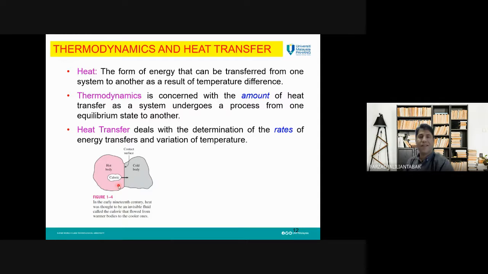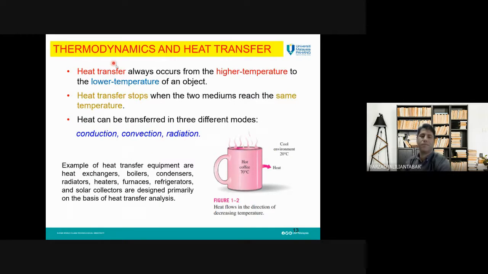So because of that, we have another unit for heat or thermal energy, which is calorie. Because in that century, it was believed that heat is a fluid, a substance. But now we know that heat is not a substance, and it is a type of energy.